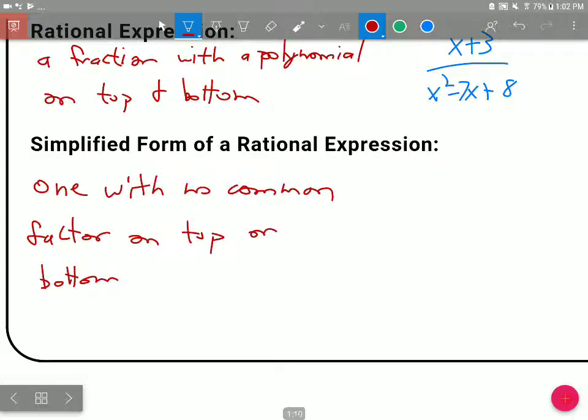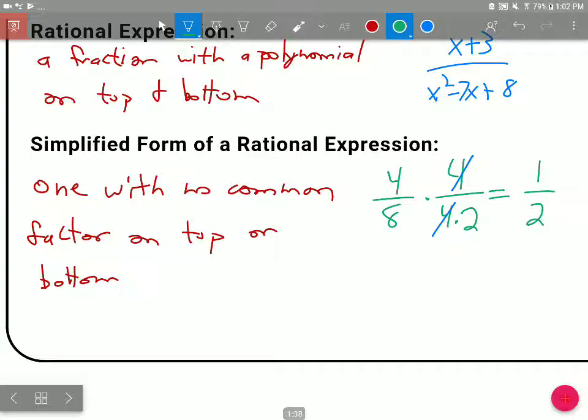There is no common factor in the numerator or the denominator, and the way I'll explain that is you're used to how we reduce fractions like this. 4 and 8, what can I divide both of those by? You can go by 4. 4 over 8 is really 4 over 4 times 2, which means I can cancel because we can divide them both by 4. And it leaves us with 1/2.